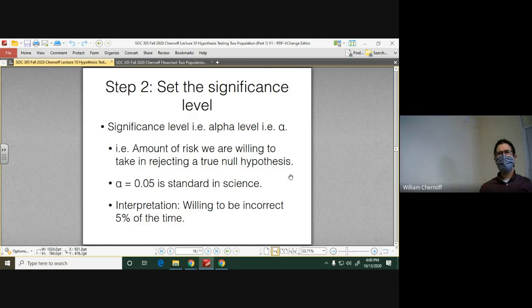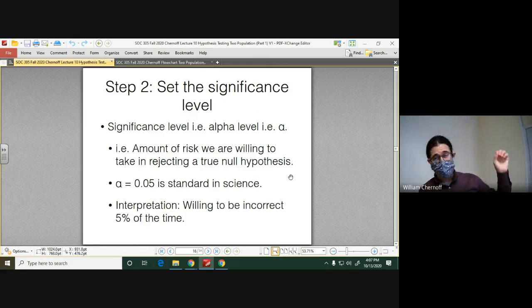The idea is that if we went out to these two populations and took random samples from each and compared them, and saw some kind of difference or result, and then we went back and did that again and again and again, then 5% of the time we're going to make a wrong decision about the null hypothesis, and 95% of the time, over the long run, it's going to be correct.